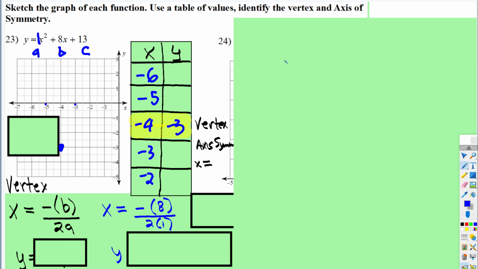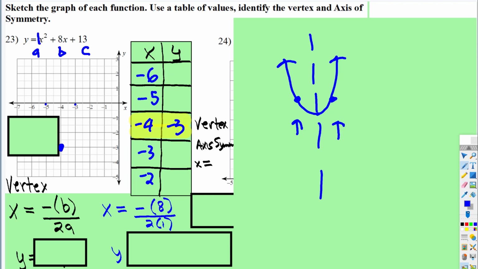Here's the cool thing about parabolas. They are symmetrical about the vertex. So once you know the vertex, if you choose a point here, its height, the same distance over here will be that height.